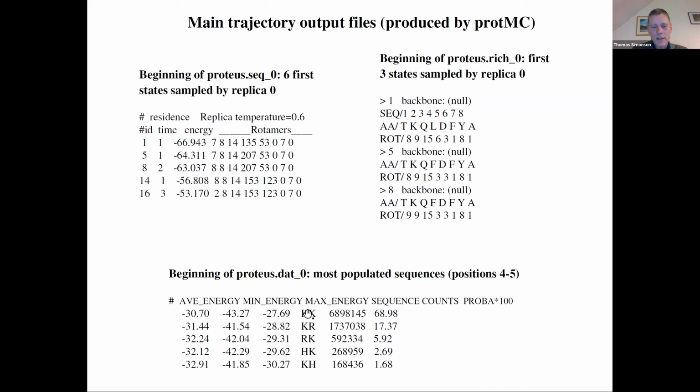And so you've got the top sequences. This is the percent population. And these are the amino acid types. The average energy for this particular sequence, and then the interval of energy. So, just a little bit of basic statistics right off, just immediately output.